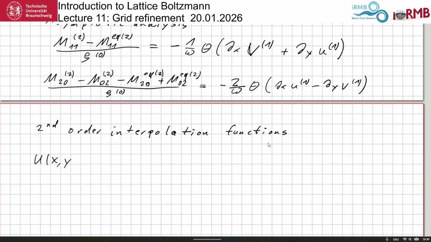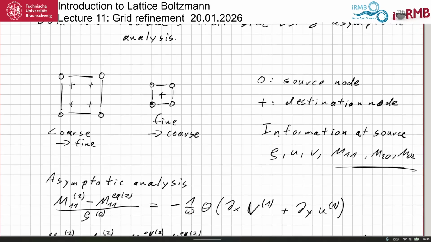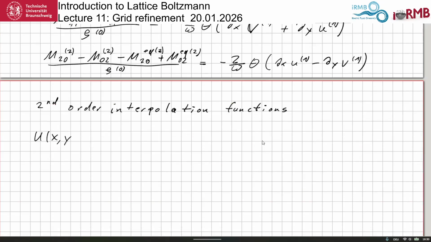Maybe I'll go briefly backwards and say I place my coordinate system here in the center of the cell. Yeah, so we always use the coordinate system in the center. So u of x and y, I would say, is some coefficients a0 plus ax times x plus ay times y plus axy times x and y.